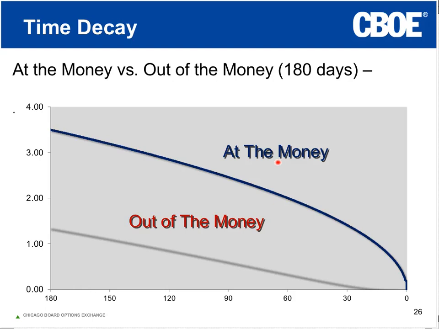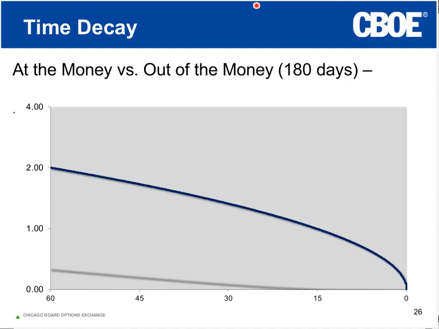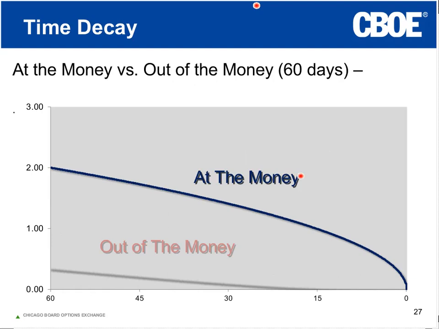At-the-money option contracts experience an acceleration in time decay as time passes. And in fact, I'm going to narrow this down to 60 days. You can see that even in the last, let's say I'm going to go over from $1. That red dot there represents the last dollar of value in this option contract.